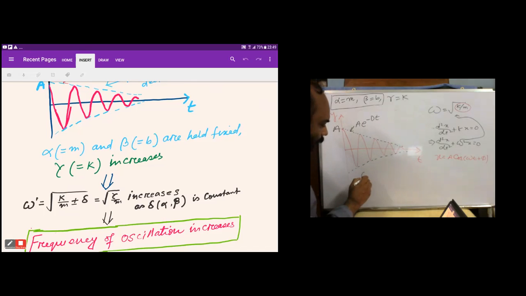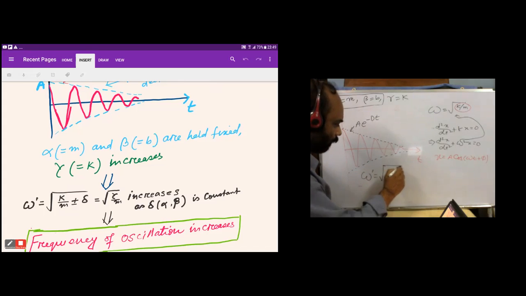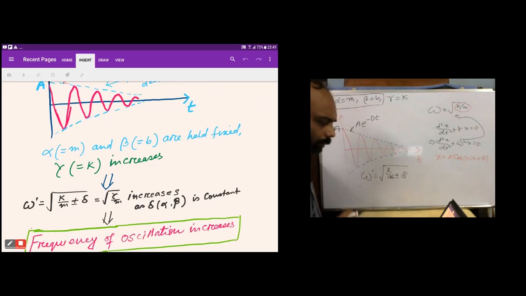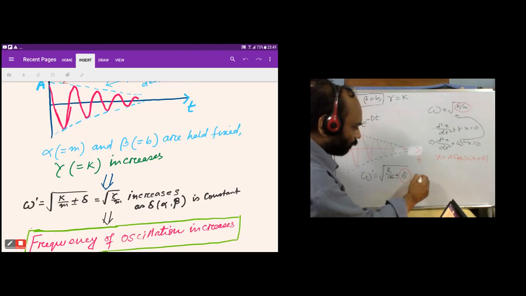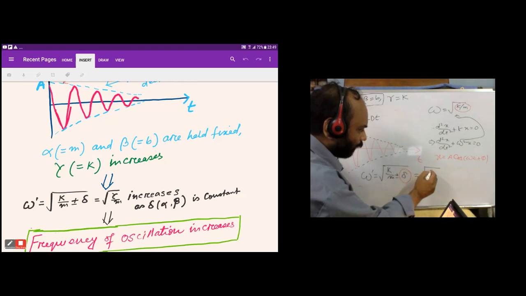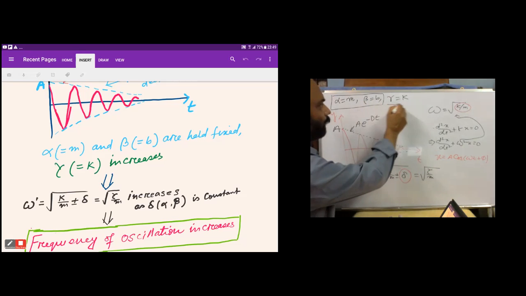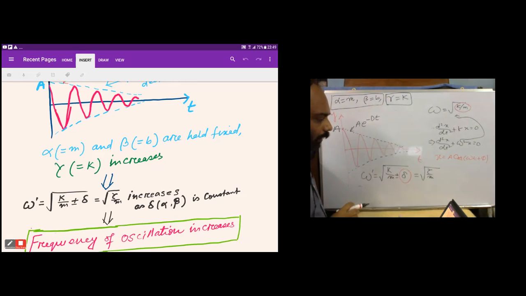Therefore, omega dash, which is K by M plus minus delta, increases because this parameter is fixed if I increase gamma, because omega dash is nothing but gamma by M, because K is our gamma and delta is fixed.